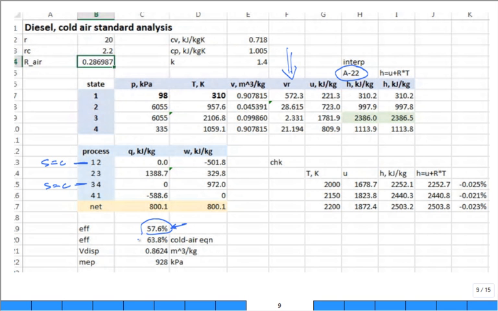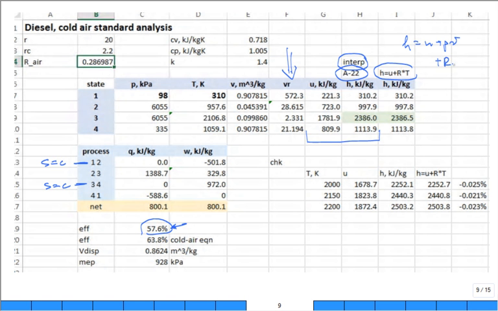There's a little thing that happens if you completely use table A22 for the internal energy and enthalpy values. The enthalpy values when you interpolate in the table can be slightly different than if you just use the equation h is equal to u plus Pv for an ideal gas.